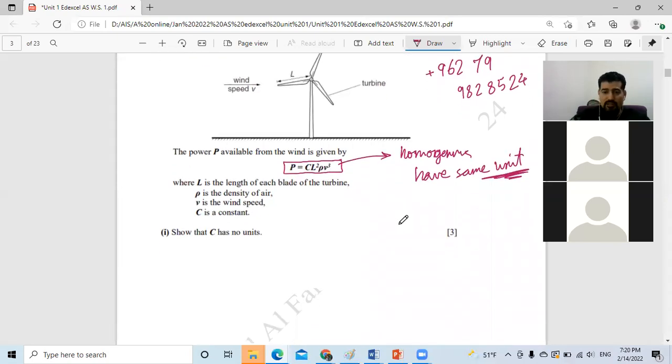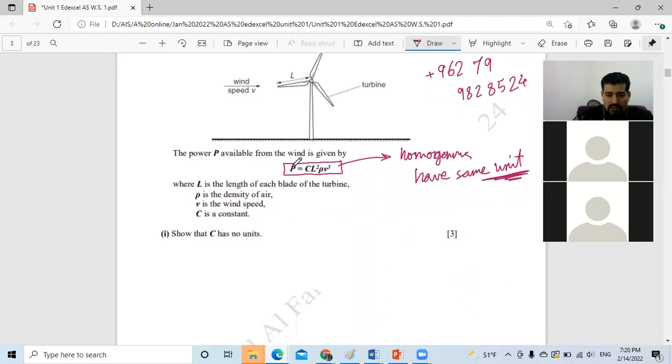So let's check what the units are here. What is the base unit of power? We know that power is watt, right? And watt means joule per second. And joule is a Newton dot meter, force times distance, per second.